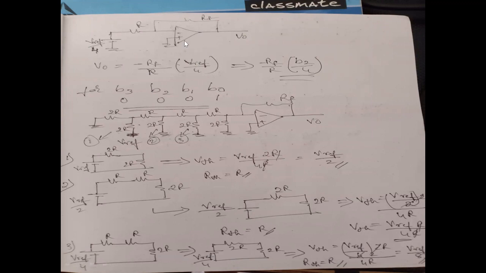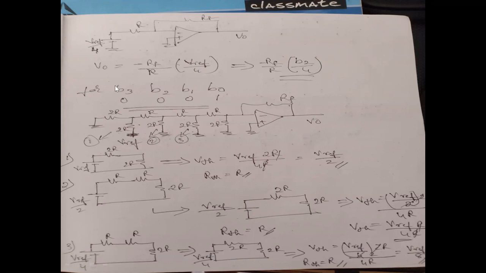Since your second binary input B2 is high, instead of V reference we will substitute B2 in the place of V reference. So our final output will be minus RF by R into B2 by 4.